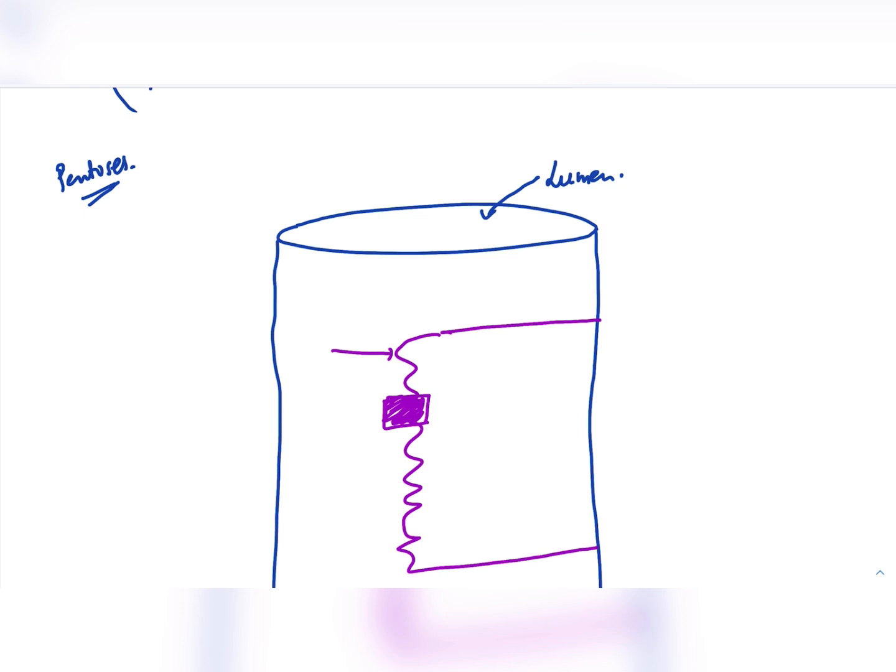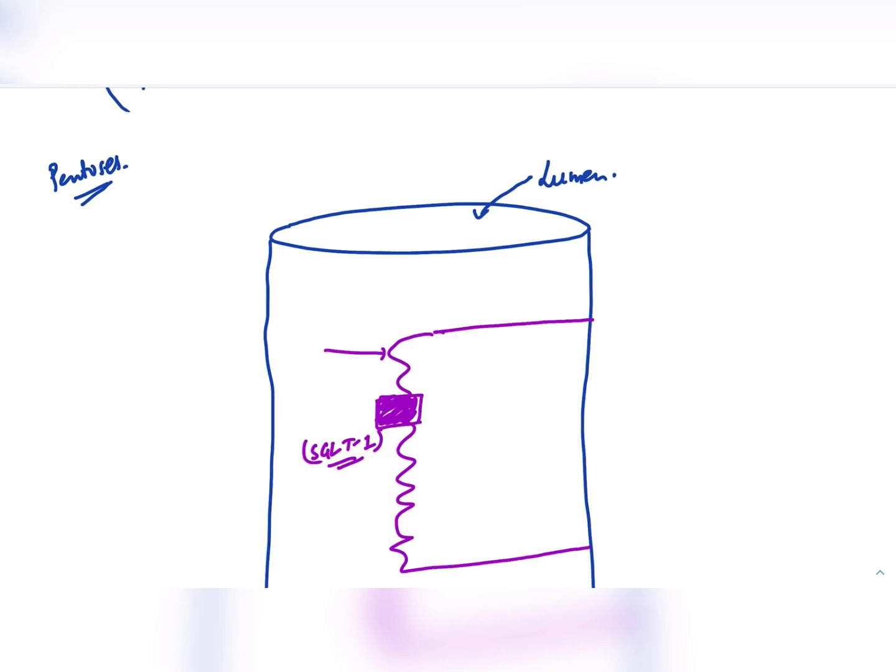SGLTs, or sodium dependent glucose transporters, specifically SGLT1, is located in the apical part, from where glucose and galactose are absorbed into the cell. It is called sodium dependent secondary active transport because it requires sodium. Along with sodium, glucose or galactose can be absorbed in the intestinal epithelial cell.